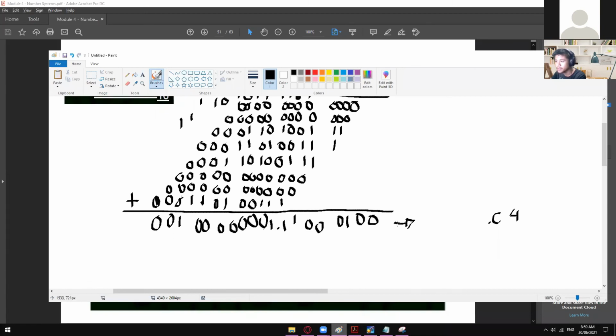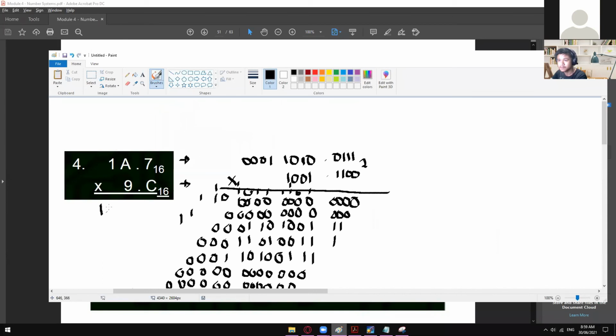So up to this point, it's 1. And then another one is a 0. 1, 2, 3, 4, and then 1, 0, 0. So you can have additional 1 right here just to make this one formal by 4-bit. So this one is 1. So the final answer is 101.C4 base 16.